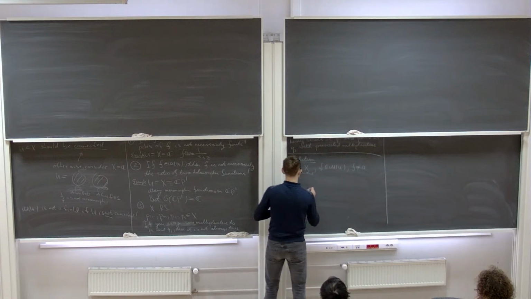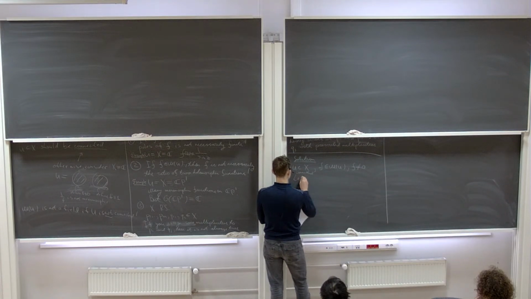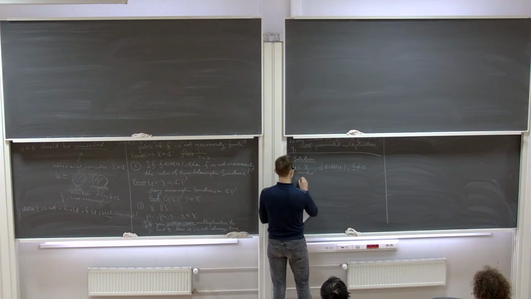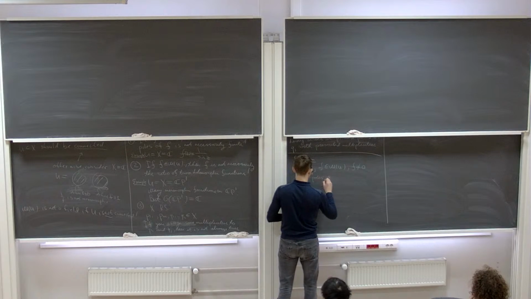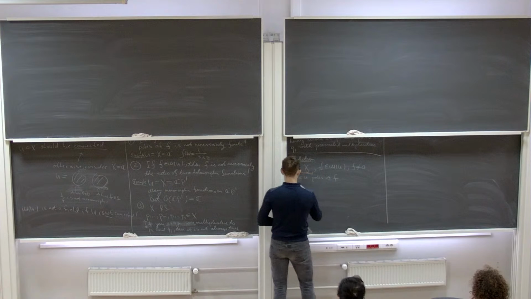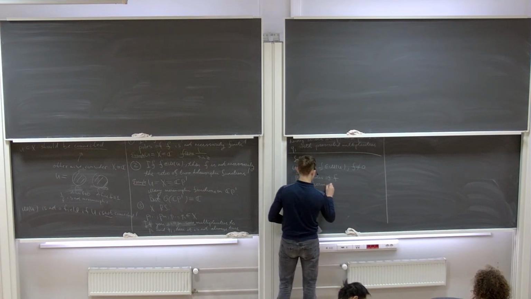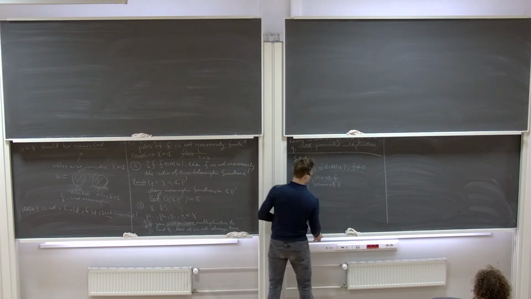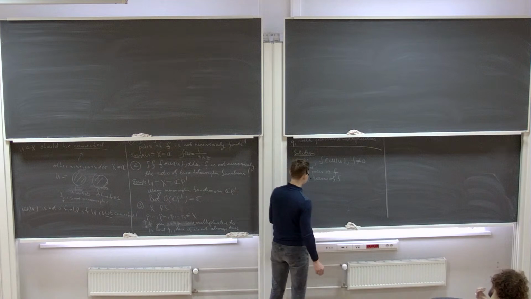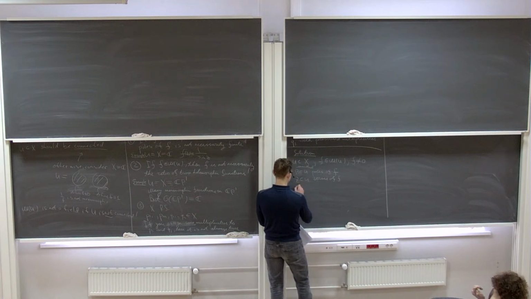Then denote by P the poles of f, and by Z the zeros of f. Then 1 over f.